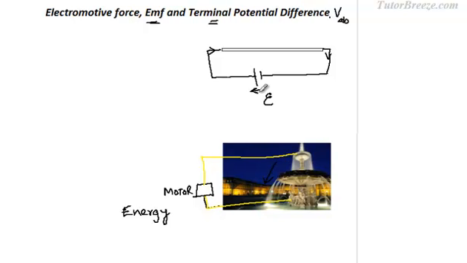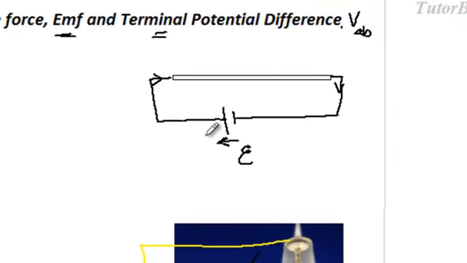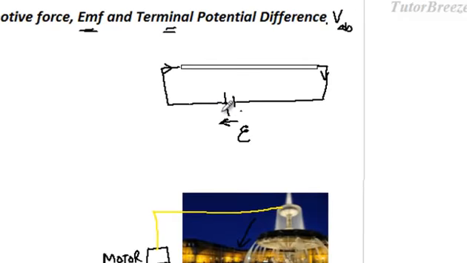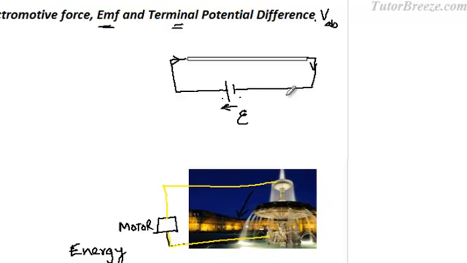Now, similarly in our circuit over here, this cell transfers energy to the charges and moves them from a low potential to a high potential. And this energy is provided by the cell by the chemical reactions that take place inside the cell.